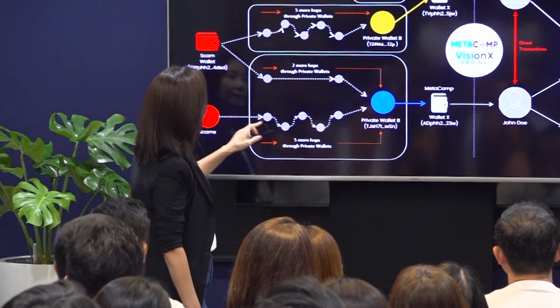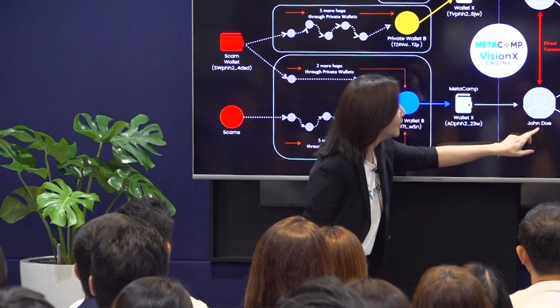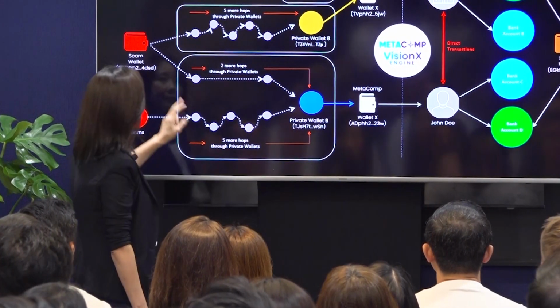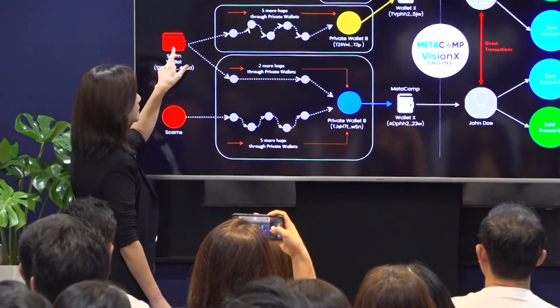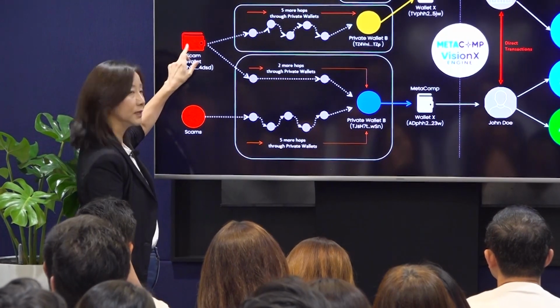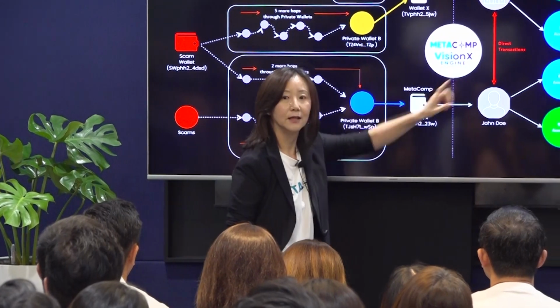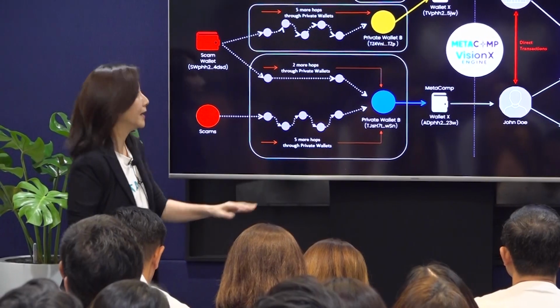And then this blue wallet is linked up with another client, an individual, John Doe, right? Then indirectly, they have one wallet. This is 5 hops away. This is 2 hops away. This is a common shared wallet of these two clients. That's the first network information we have identified, right?